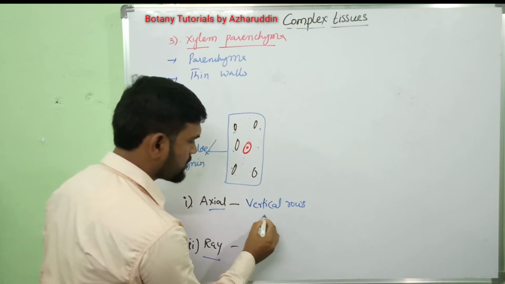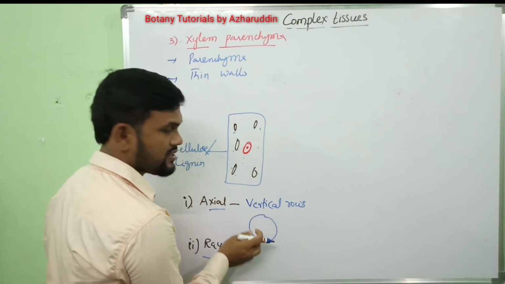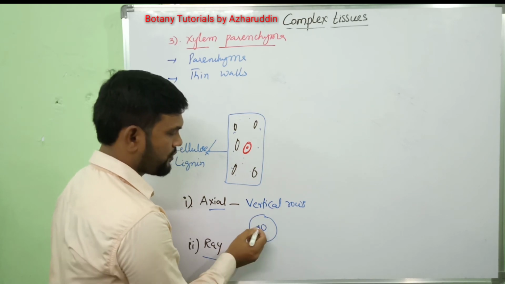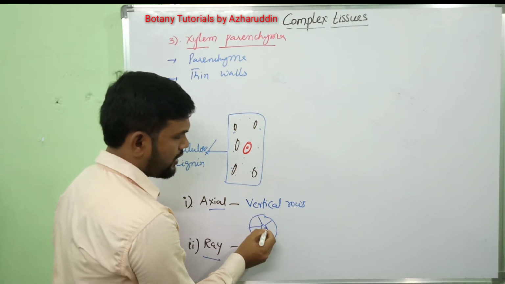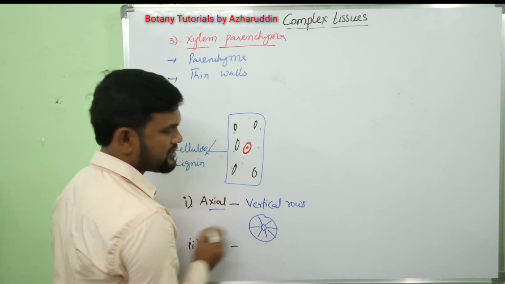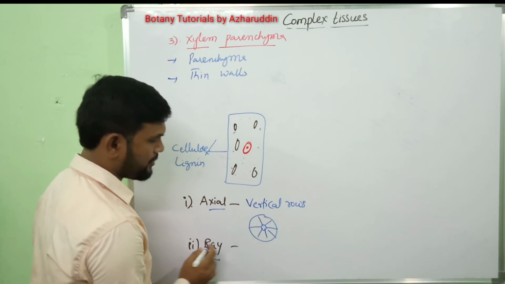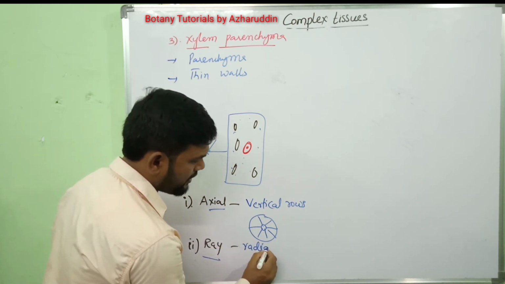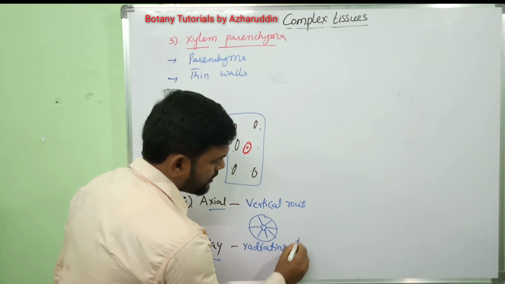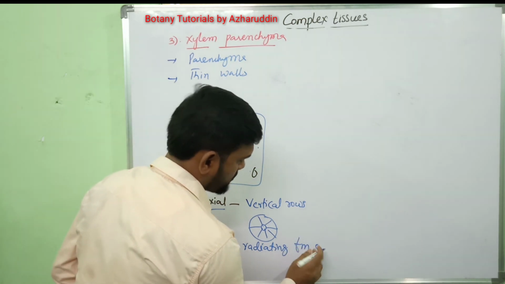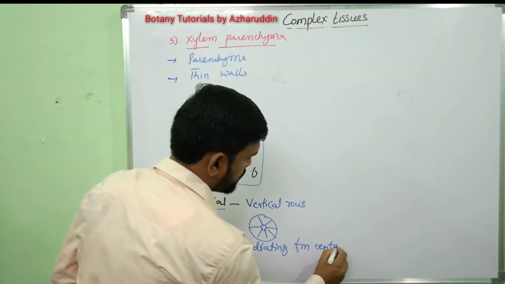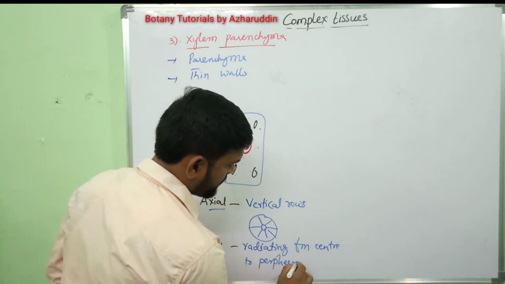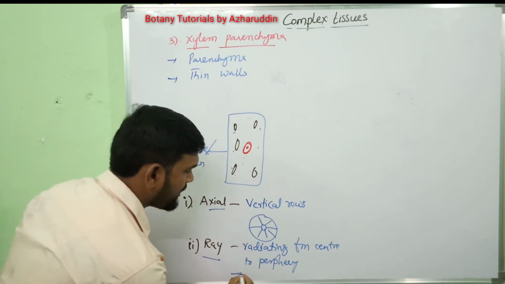For example, this is a stem. This is the central cylinder of the stem, that is stele. This is medulla. From this, radiating parenchyma cells are present. That parenchyma is called ray parenchyma. It is radiating from center to periphery, which helps in radial conduction.